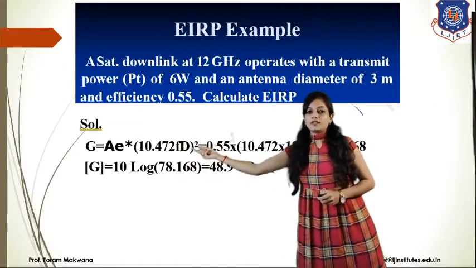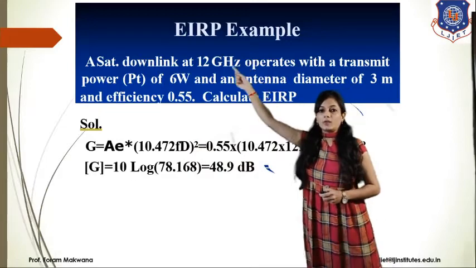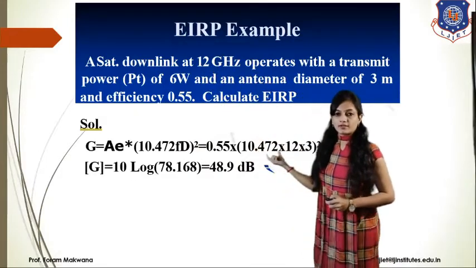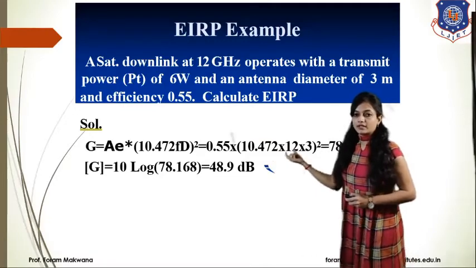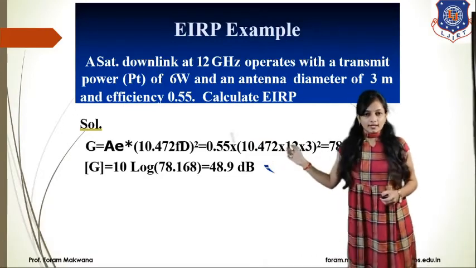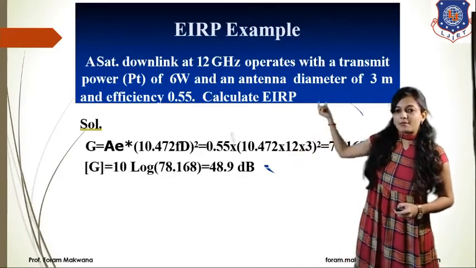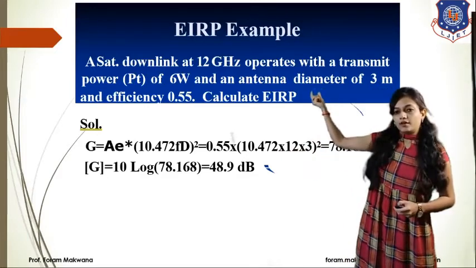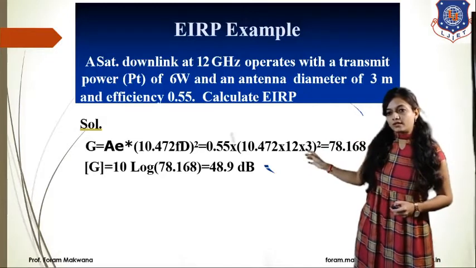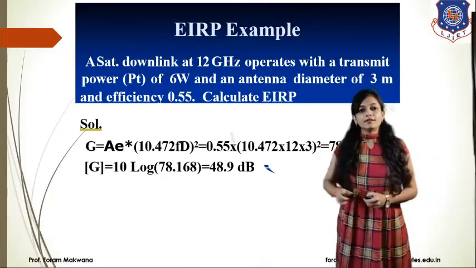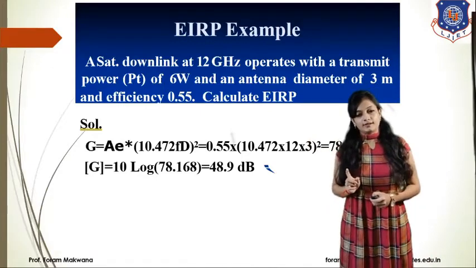F, that is frequency in gigahertz, so we need to place only 12. We can't place 12 into 10 raised to 9 because this quantity is already in gigahertz, right? Into 3. What is 3? 3 is the diameter of my antenna. This is the standard equation to calculate the gain of our antenna, right?